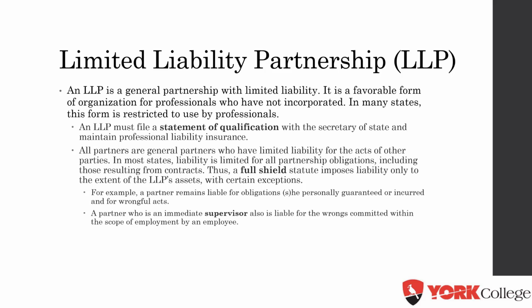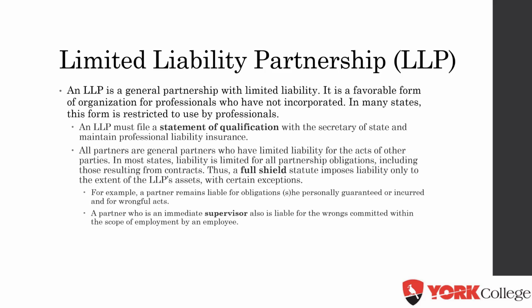Taking New York, for example, the only way to form an LLP in the state of New York is to be a licensed attorney, a licensed CPA, or some sort of other professional licensure scheme that allows the creation of a general partnership with the protection of limited liability.